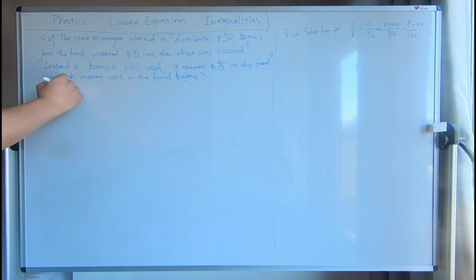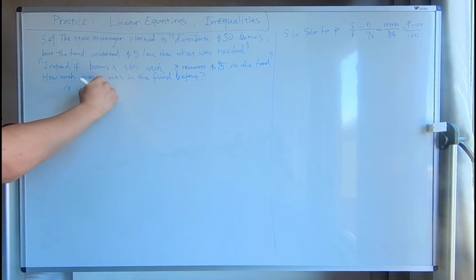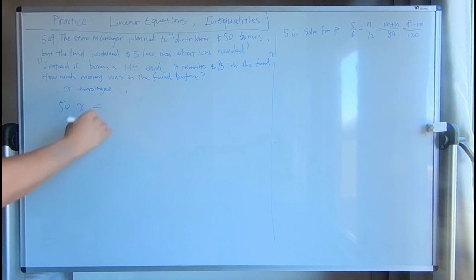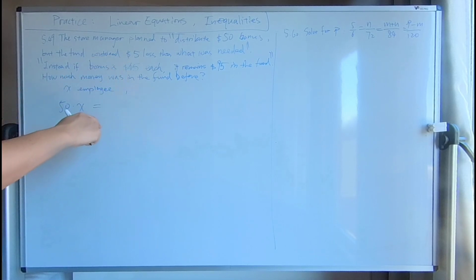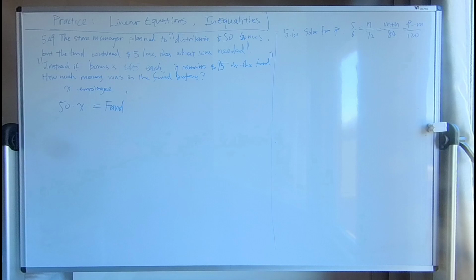So let's say we have X employees in the company. From the first statement, if I pay $50 to each employee, so 50 times X is the total money being paid. If I do this, my fund is $5 less than what is needed. Here let me just use the word fund to represent the total money in the fund.